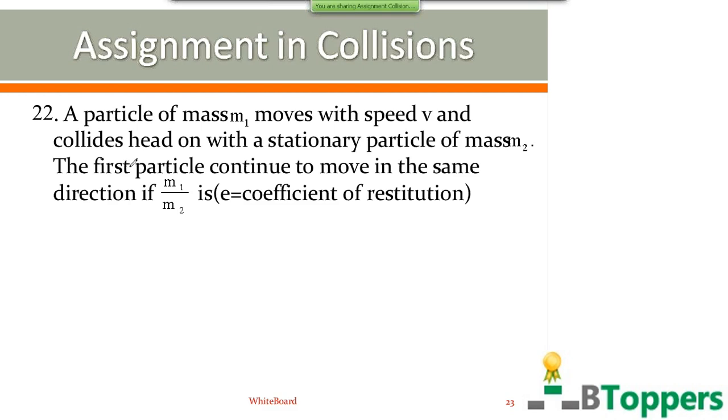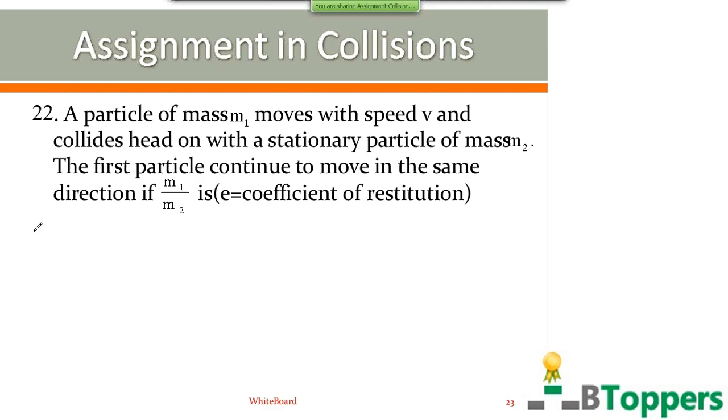That means if u1, the initial velocity of m1 before collision, is given a positive sign, and you give a positive sign for v1 also in the calculations, that means after collision the first particle will continue to move in the same direction.